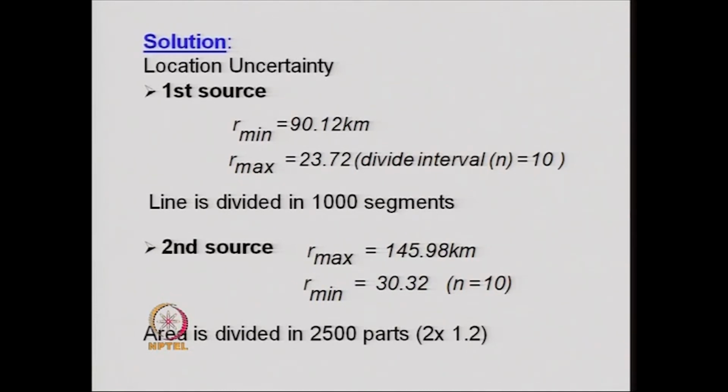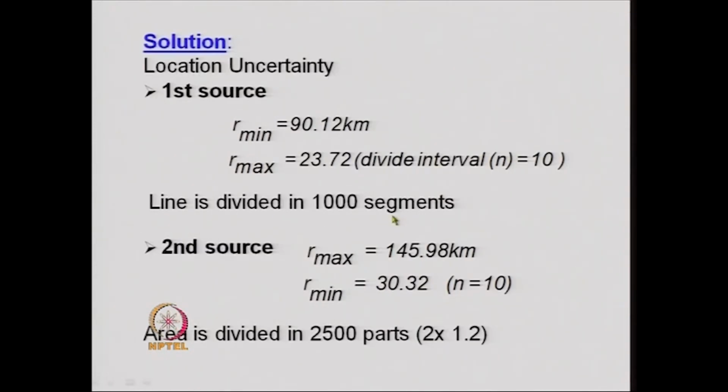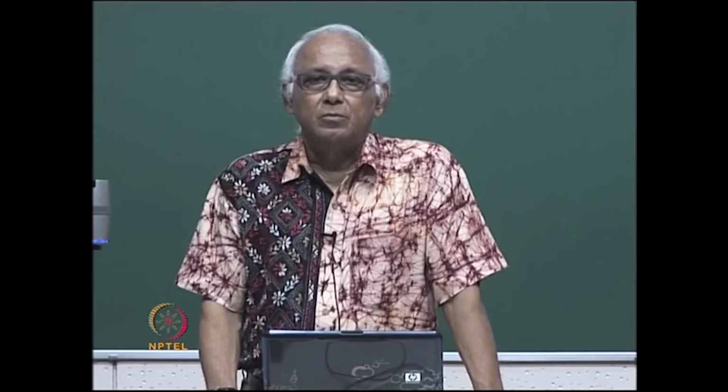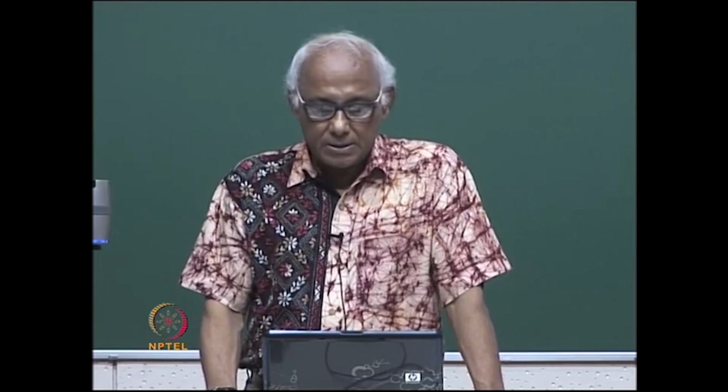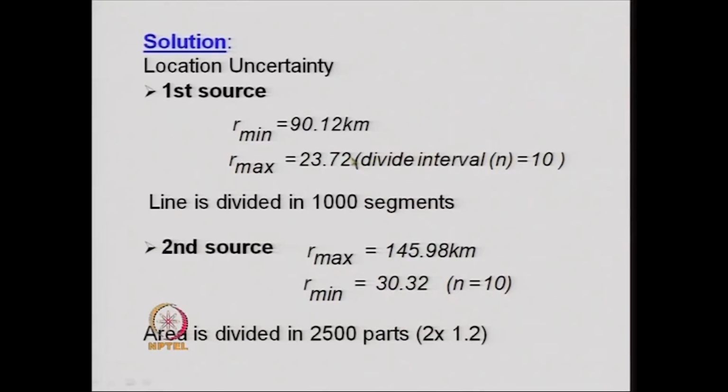Now the epicentral distance would vary, and if we assume that the line is divided into 1000 segments, then for each segment we can assume the center of the segment to be a source of earthquake, and thus we will get 1000 values of R. Now these 1000 values of R would lie between 23.72 to 90.12.